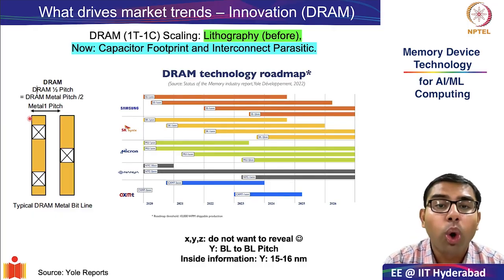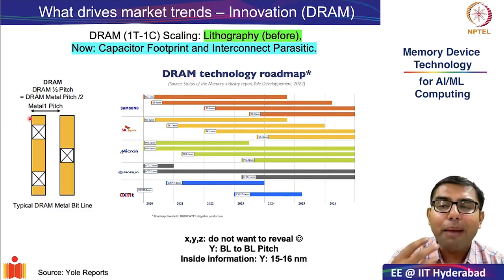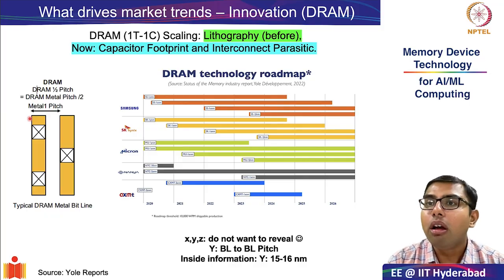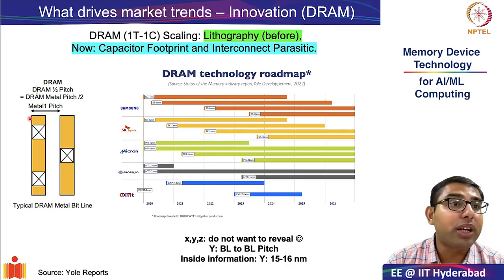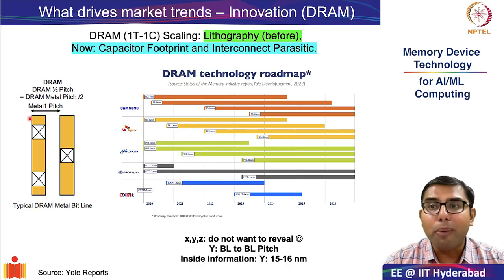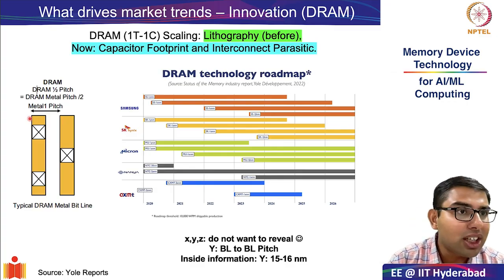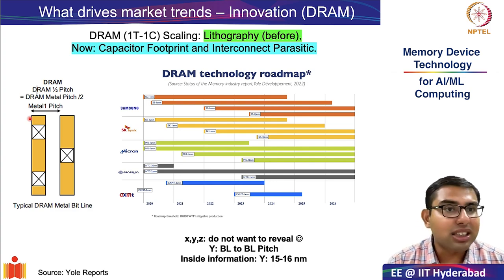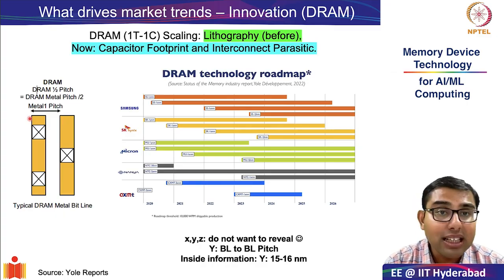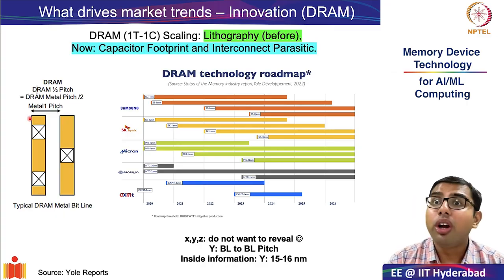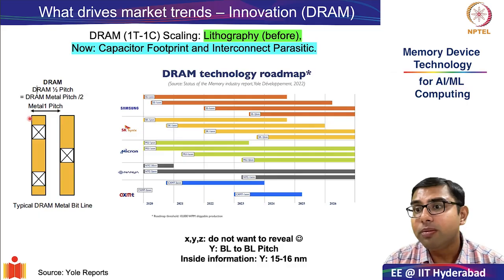So as we can see, there is a rapid change in not just the SRAM technology, but also the DRAM technology. And there is intense competition between companies to do better than others and capture more of the market space. With this, let's conclude today's discussion.